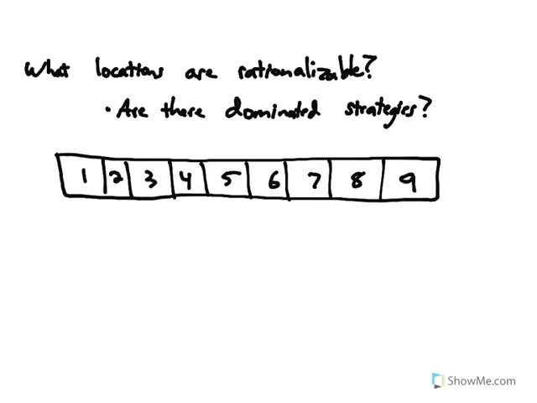So we ask the question, are there locations on this boardwalk that are dominated for either player? And so we can start to look at some blocks. Is block 3 dominated? Is 8 dominated? Is 1 dominated? Etc.